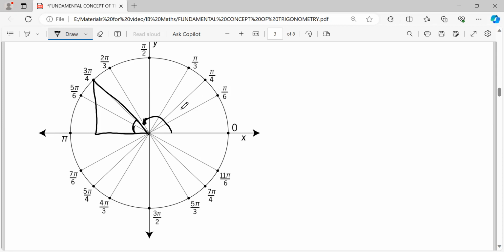As you know that for sine, for example, sine 180 minus theta equals sine theta. Yeah. So to find this angle actually same with if we find this angle. Okay.